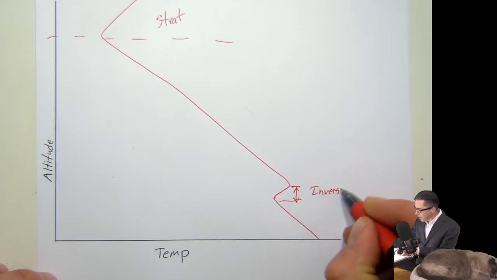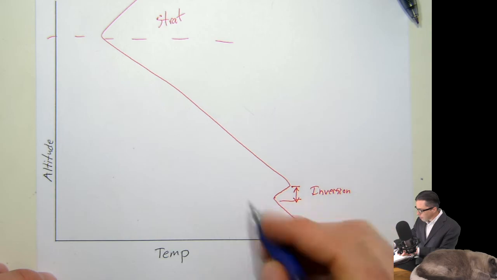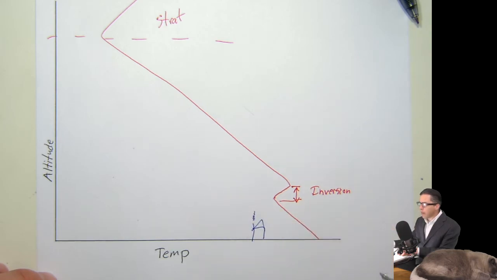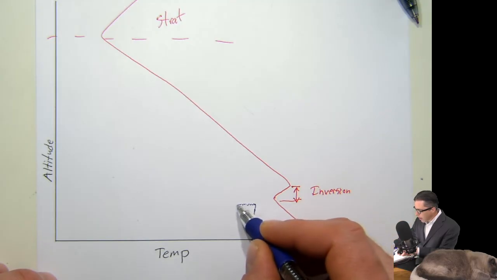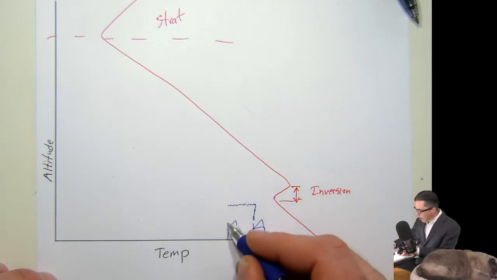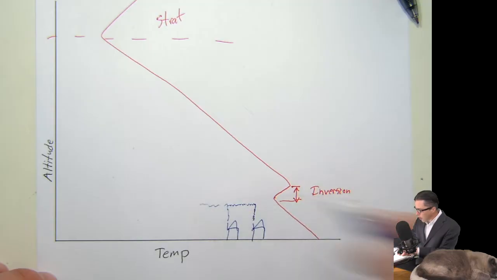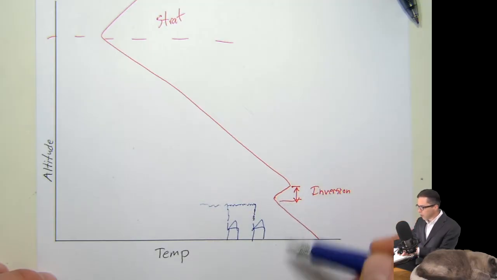So let's imagine that we have a city down here, and there's smoke coming out of everybody's chimney. The smoke will rise because it's warm, but once it hits that inversion, it's going to get stuck. And if I have a whole city and a whole bunch of houses and a whole bunch of cars, all the pollution is trapped below this temperature inversion.